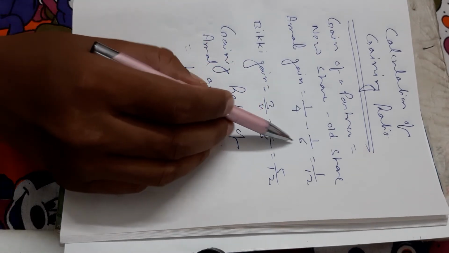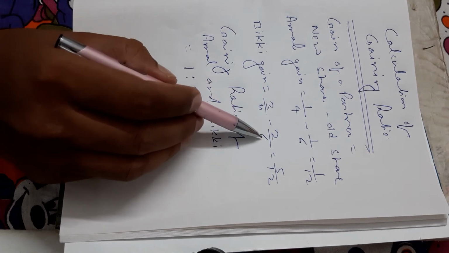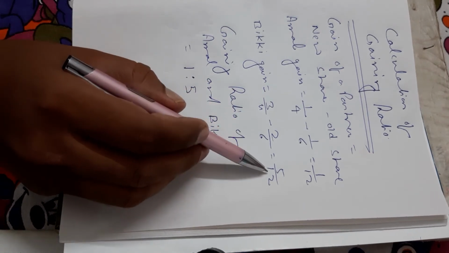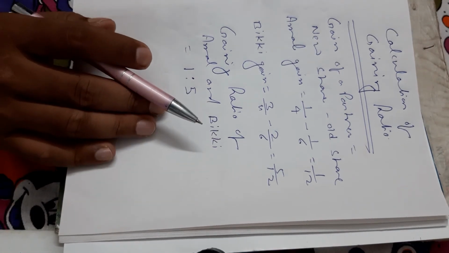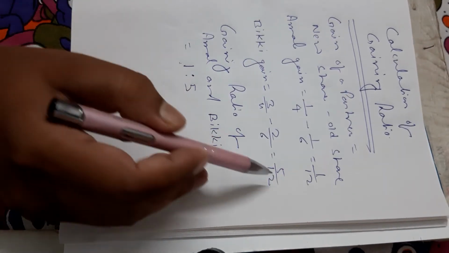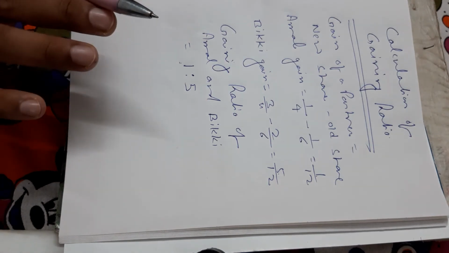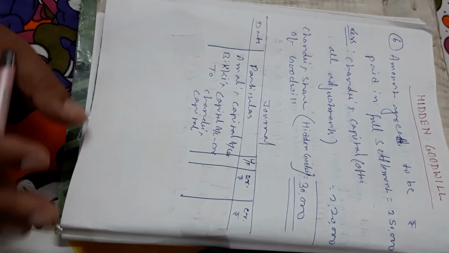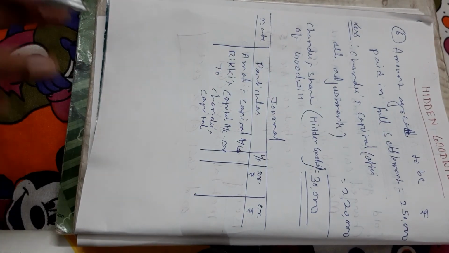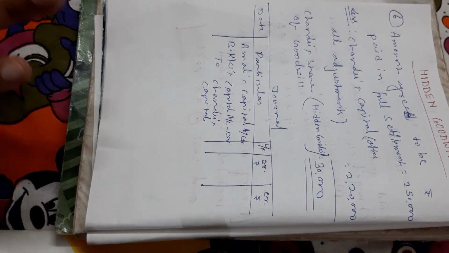1/4 minus 1/6 is equal to 1/12. 3/4 minus 2/6 is equal to 5/12. It means 1 and this is 5, so 1:5. Now come to the journal entries. What will be the amount?